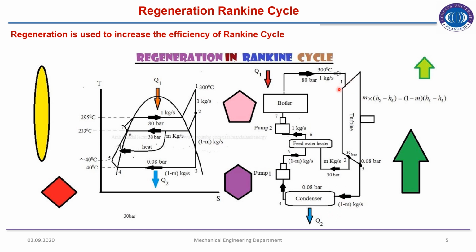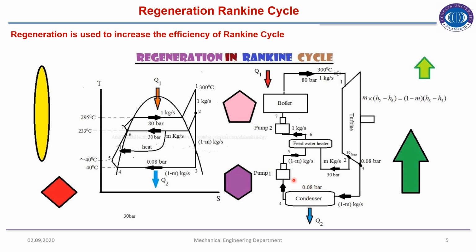Let's suppose 1 kg of mass is entering, 0.3 kg is bleeding out through that bleeder hole and entering the feed water heater, and 0.7 kg of mass is entering the condenser. Here we will save energy because the condenser is also a heat exchanger.